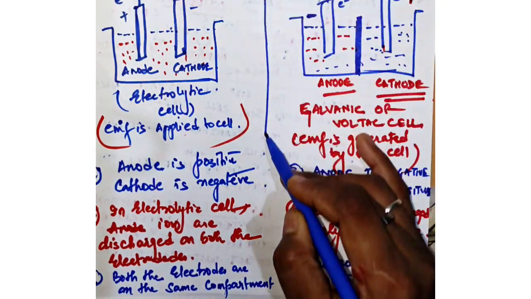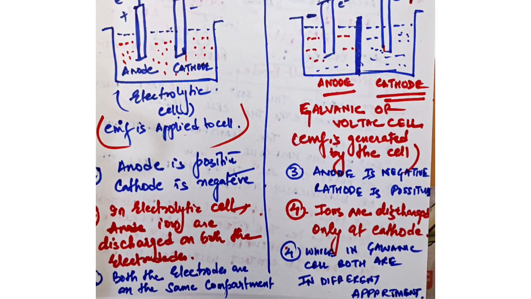So the difference between the two cells, the electrolytic cell and the galvanic cell, is done.